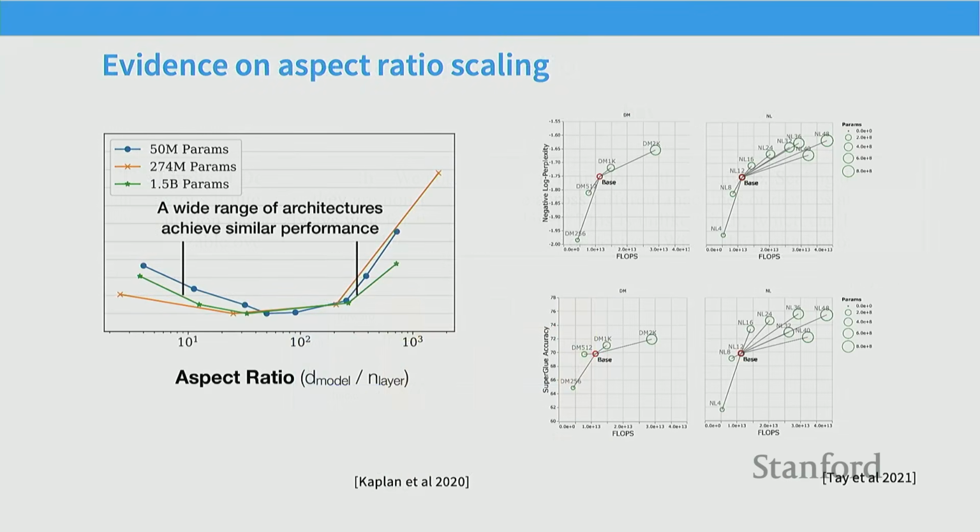But setting that aside, you might abstractly ask, what is the impact of aspect ratio on model performance? And once again, Kaplan et al. have a really nice visual aid showing how aspect ratio impacts performance. This is 3 different scales: 50 million, 274 million, and 1.5 billion parameters.